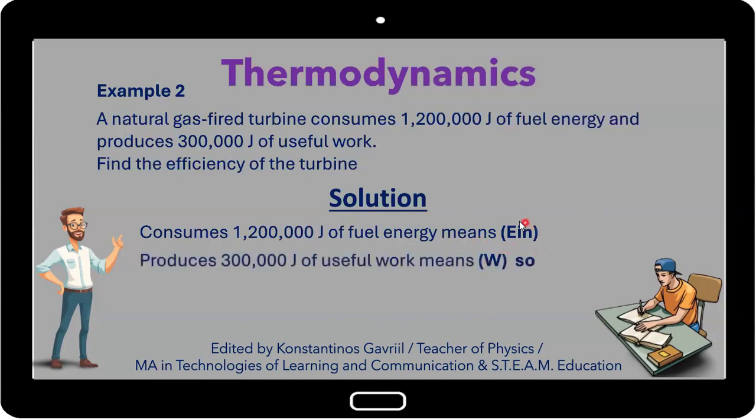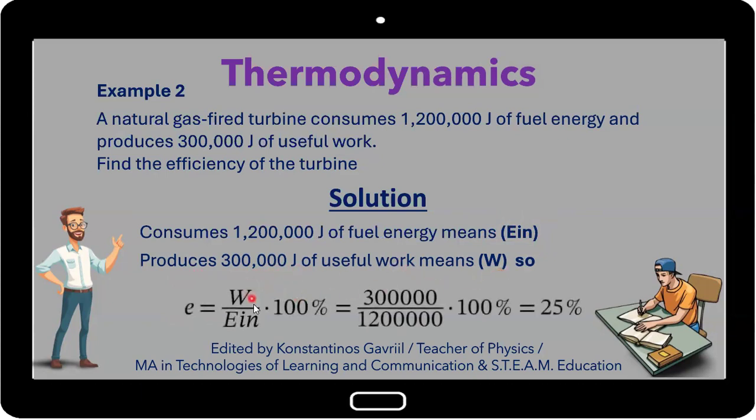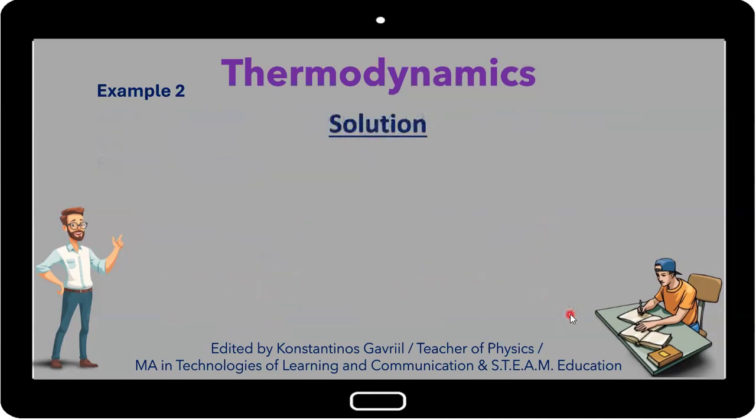And this is the incoming energy to the system, to the engine, the E incoming. And produces useful work means we have the W. So we use W above the energy that comes in, the incoming energy, the work that we get, and we get 25%, so simple to consider.